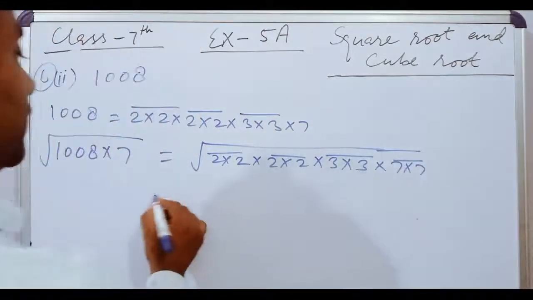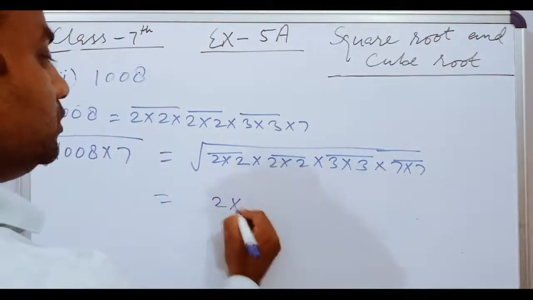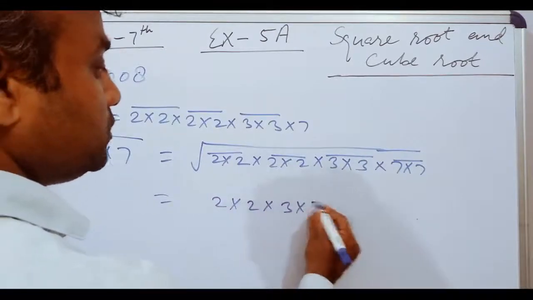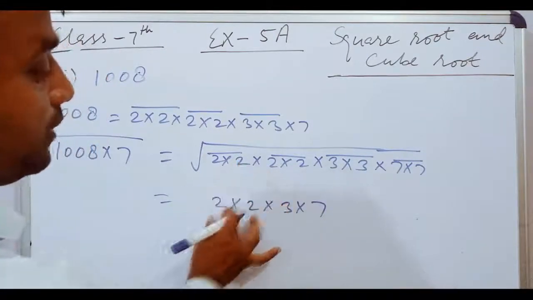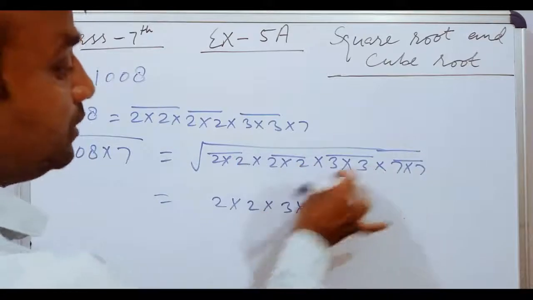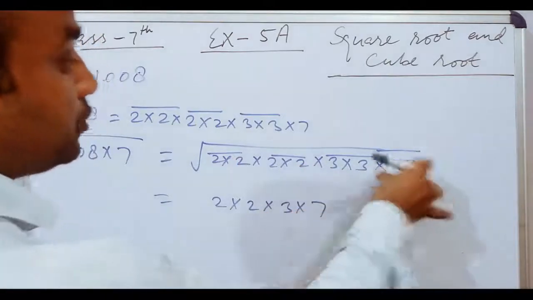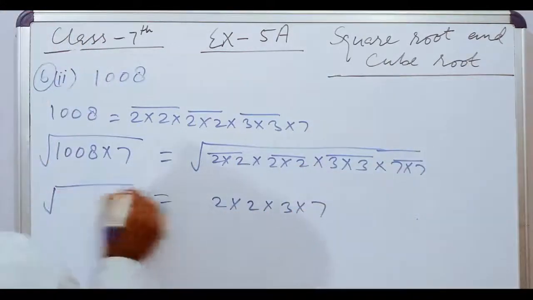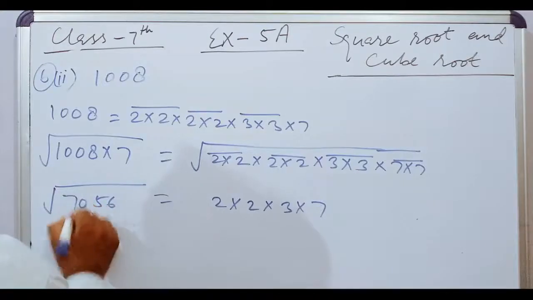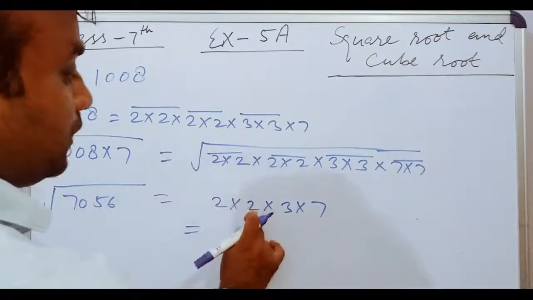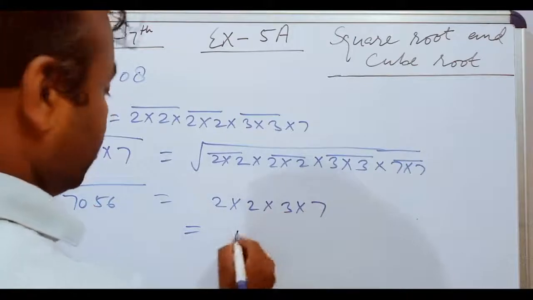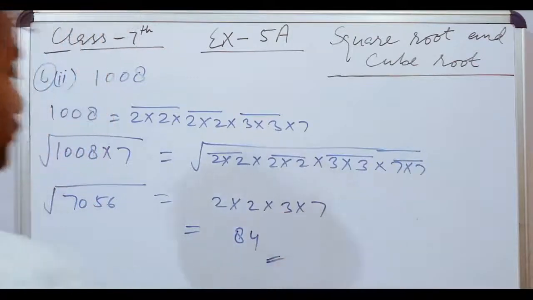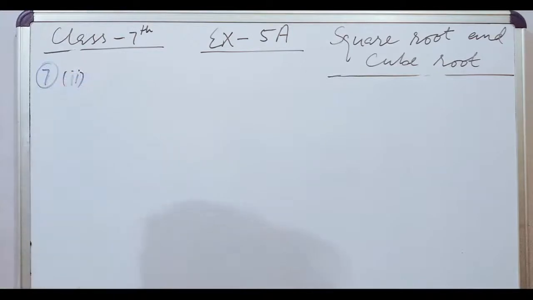Take out 2 from the pair of 2, take out 2 from the pair of 2, take out 3 from the pair of 3, take out 7 from the pair of 7. 2 into 2 into 3 into 7: 2 4s are 8... this is 84. This is the answer. Yes, dear student.